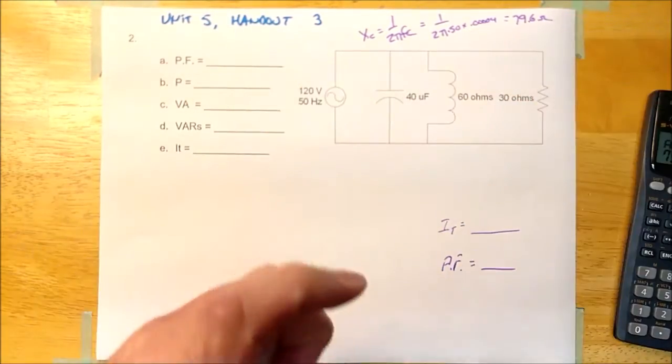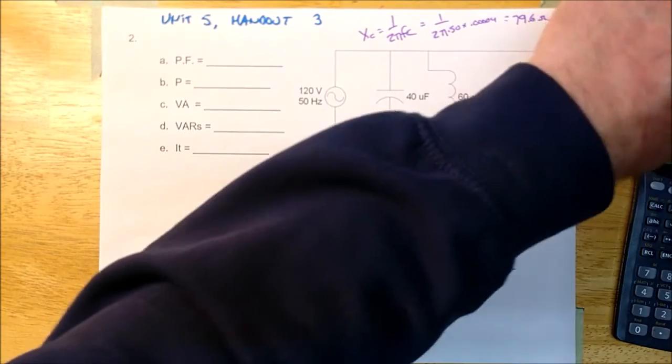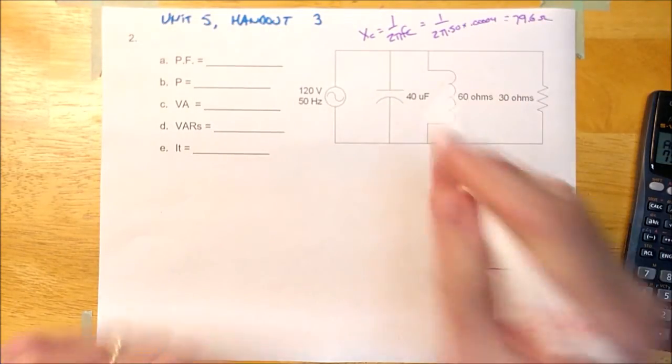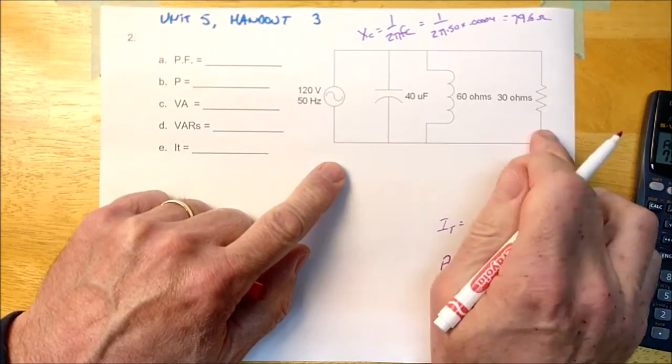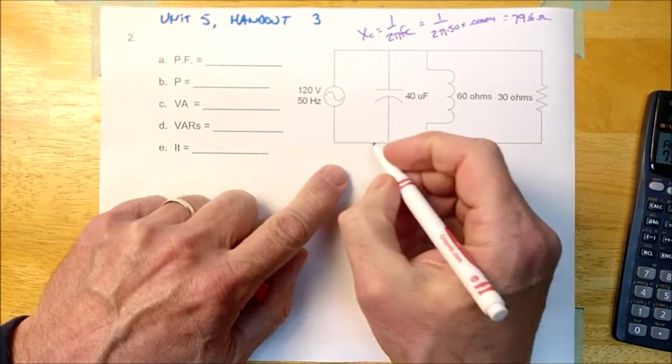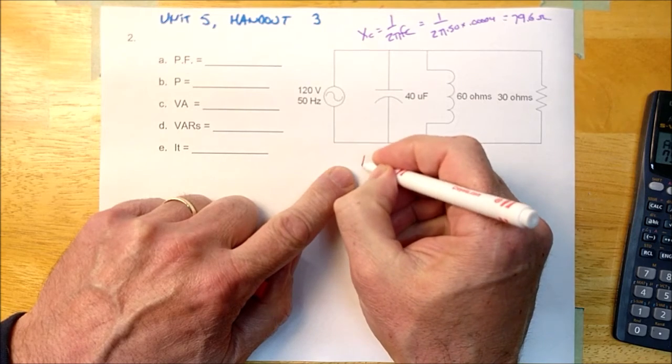ohms. Now this is a parallel circuit, guys, so we're going to make sure that we do not use impedance phasor diagrams, right? It's going to be current phasor diagrams. We're going to add the 3 currents to get the total circuit current. So that's what I'm going to do here.